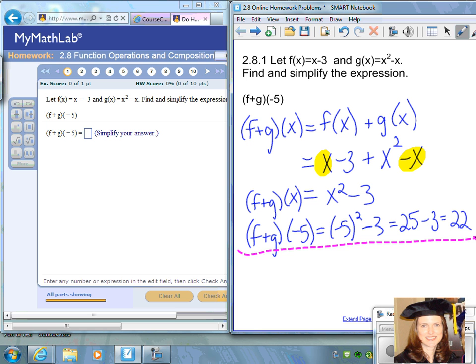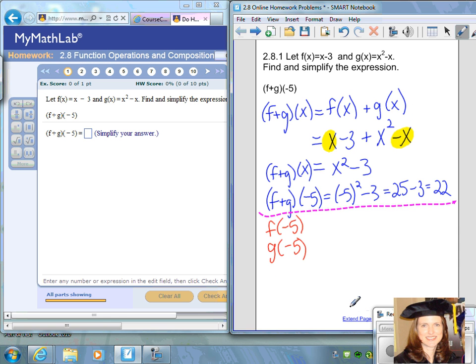Another, alternate way would be to find f of negative 5 and g of negative 5, and then add the results together. So f of negative 5, we're going to plug negative 5 into the f function, and that will give us negative 5 minus 3, which is negative 8.